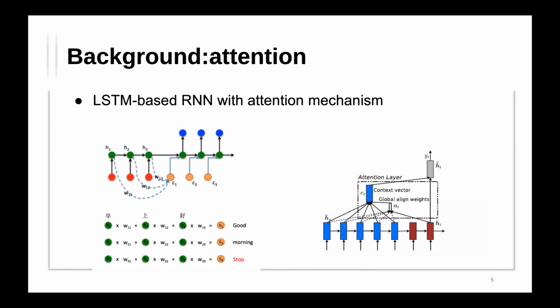So instead of using the context vector to encode all the information from the input sequence, here in this structure, we again have an encoder part, represented by the green cells, and the red cells are the input.